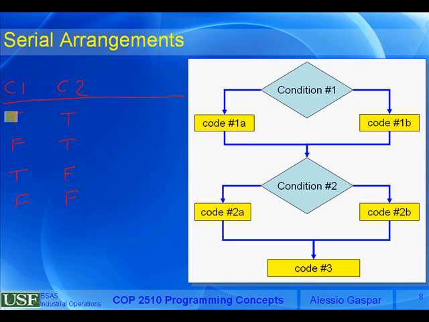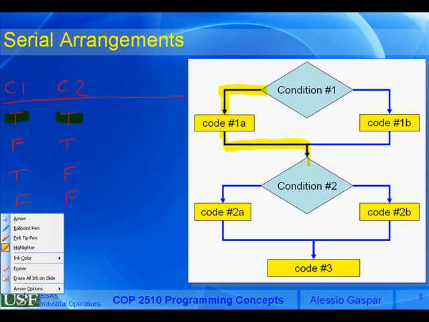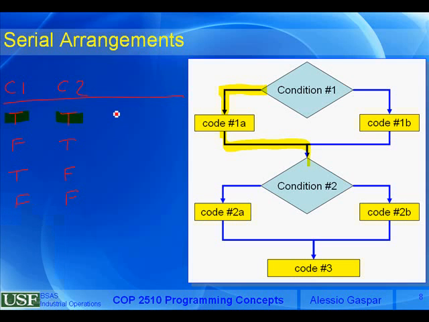Condition 1, let's assume it's true. Condition 2 is true. What happens? Condition 1 is true. We execute this part here of the code. So we execute code number 1a, and then we branch to the next statement in the program. So if we want to write this down here, let's execute code number 1a first. Then what? Then we branch into the next statement, which is condition 2.